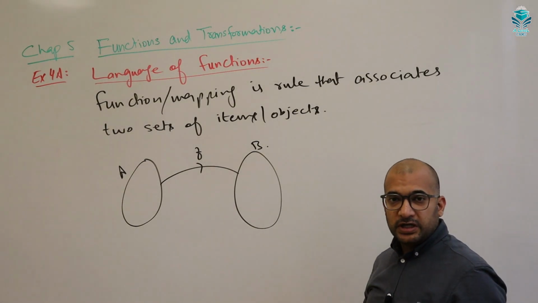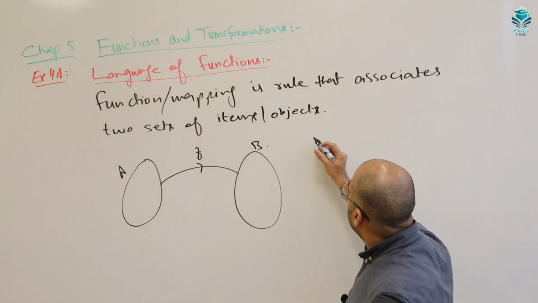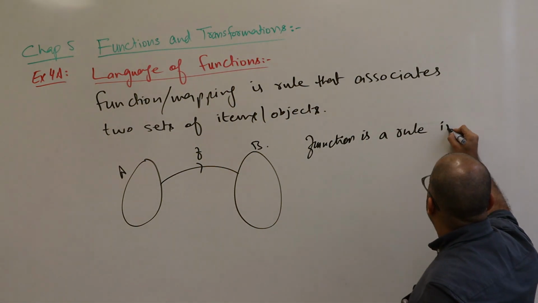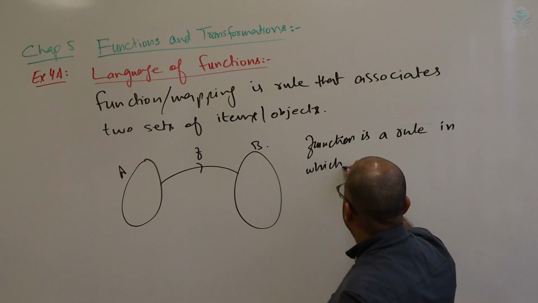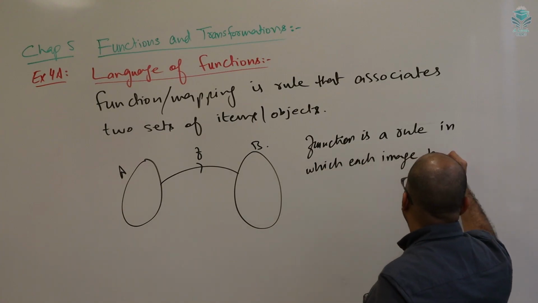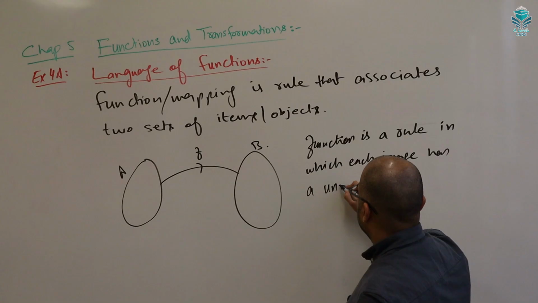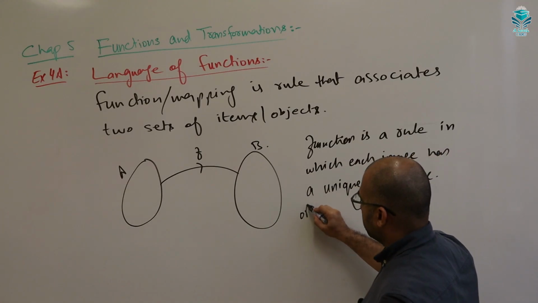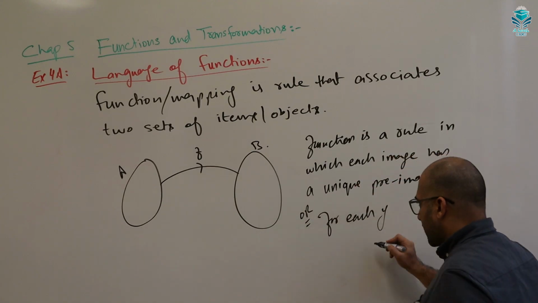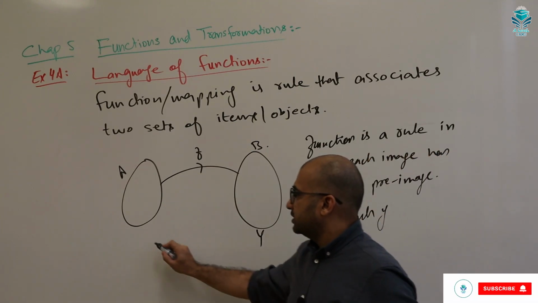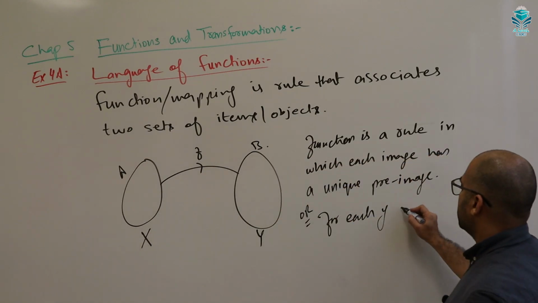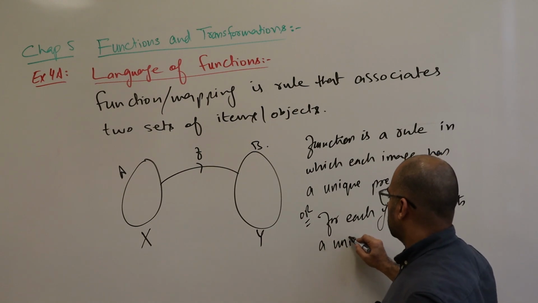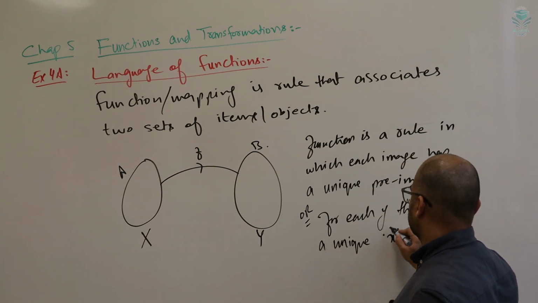But in mathematics we can define a function properly. A function is a rule in which each image has a unique pre-image, or for each y, let's say this is the y set and this is the x set, for each y there exists a unique x.